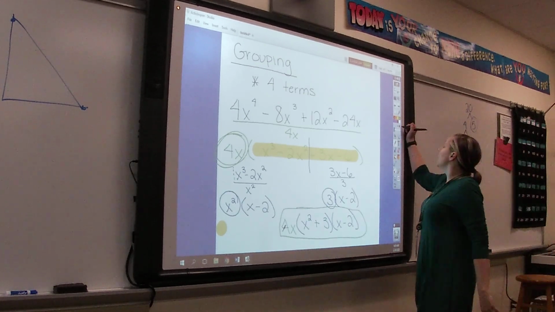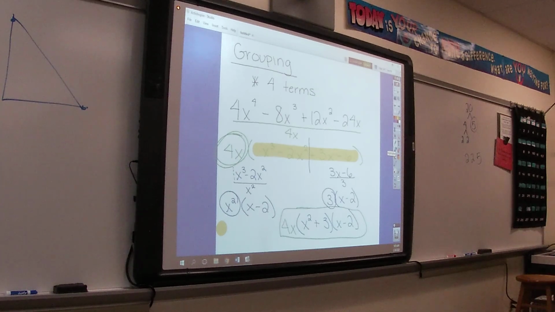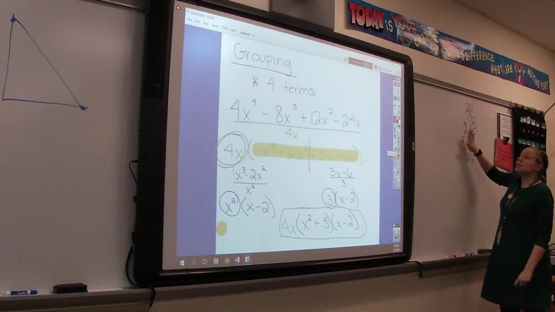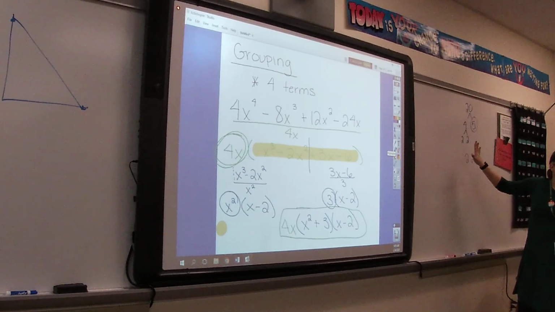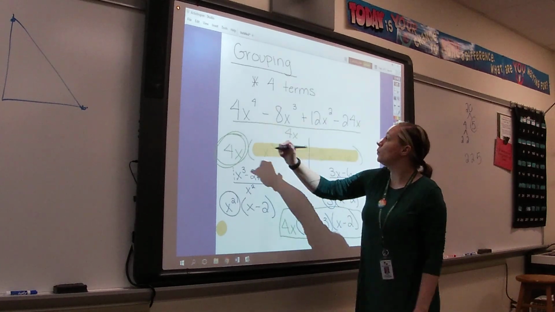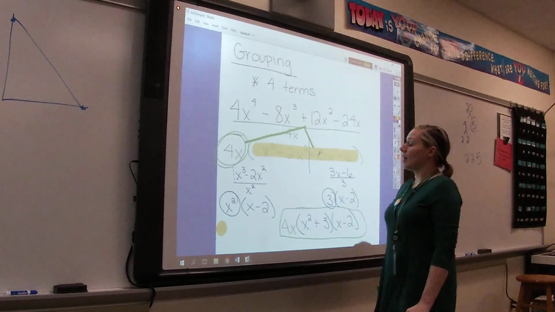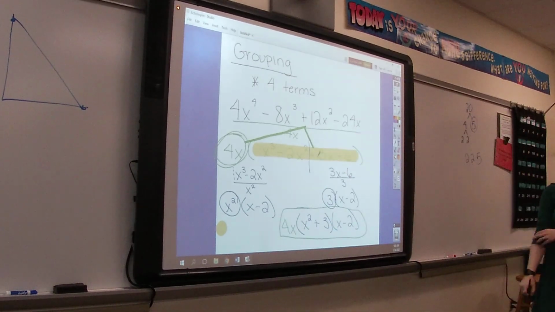But here's what I want you to see, and this is the piece that students I think sometimes struggle with. I could stand up here and say, okay, just do this because Mrs. McKinney said so, but we really are just doing a factor tree. The numbers are just bigger. I split this whole original problem into a 4x and an x to the third minus 2x squared plus 3x minus 6.